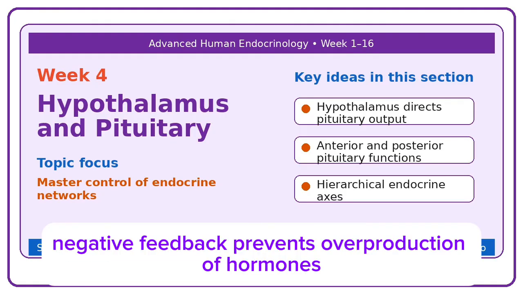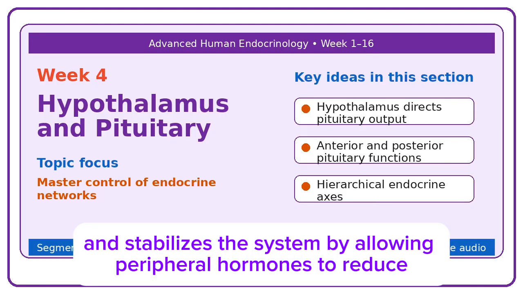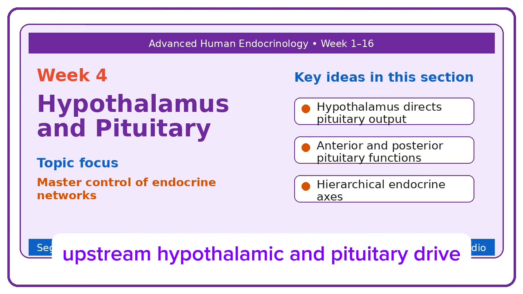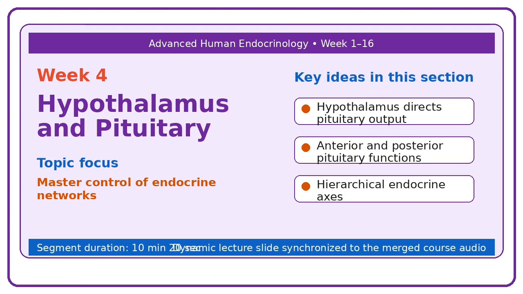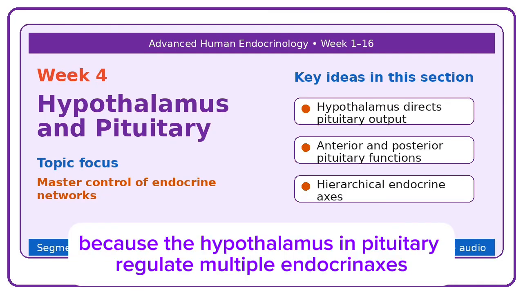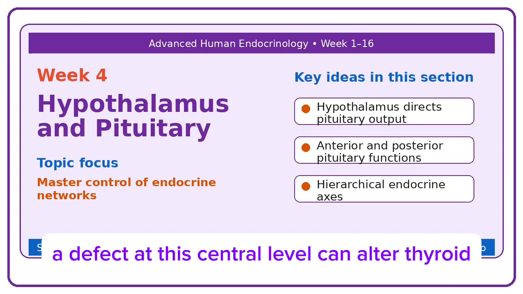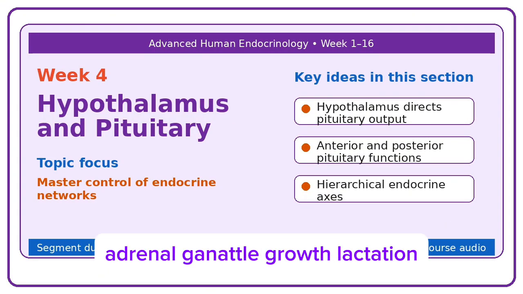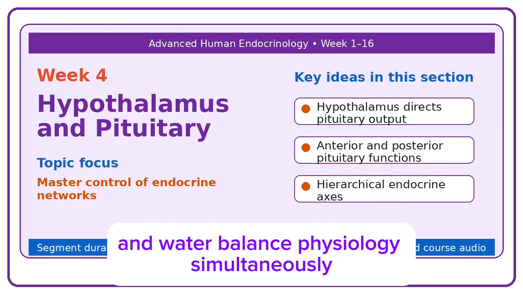Negative feedback prevents overproduction of hormones and stabilizes the system by allowing peripheral hormones to reduce upstream hypothalamic and pituitary drive. 3. Why can hypothalamic or pituitary disorders affect many body systems at once? Because the hypothalamus and pituitary regulate multiple endocrine axes, a defect at this central level can alter thyroid, adrenal, gonadal, growth, lactation, and water balance physiology simultaneously.